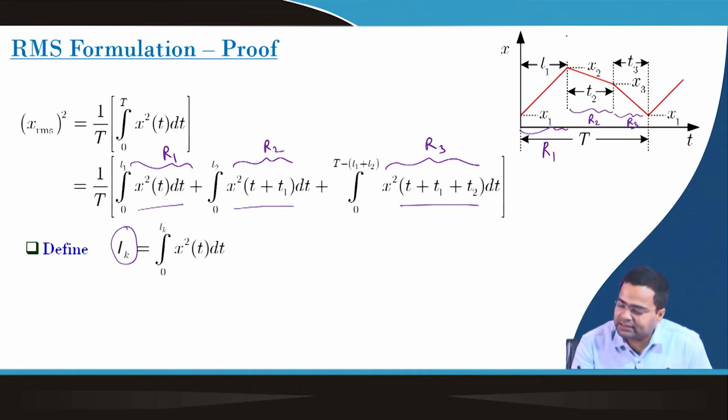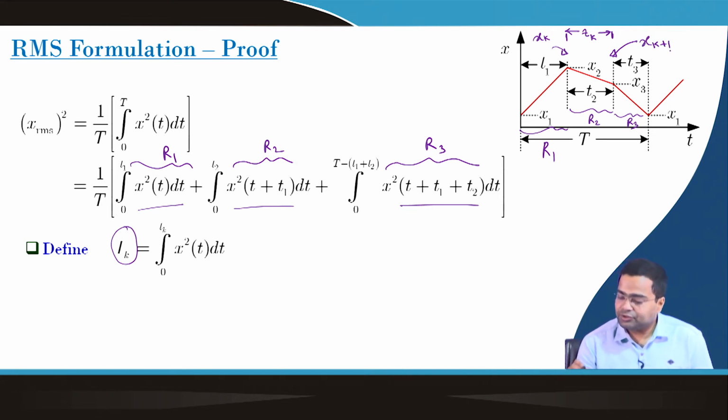Let us say this duration is my tk, where the starting value is xk and the final value of this duration is xk plus 1.